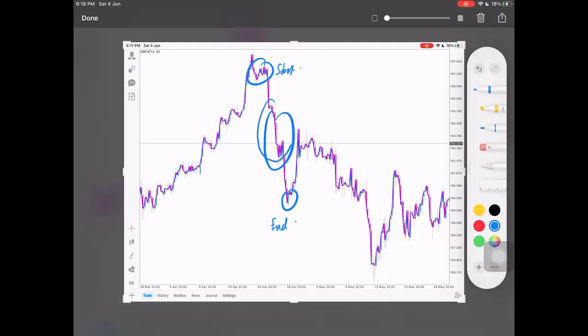Everything that happens in gold, if you know the reasons, is very explainable. In GJ, all the time, the start is very clear, the mid is very unclear, the end is very clear.